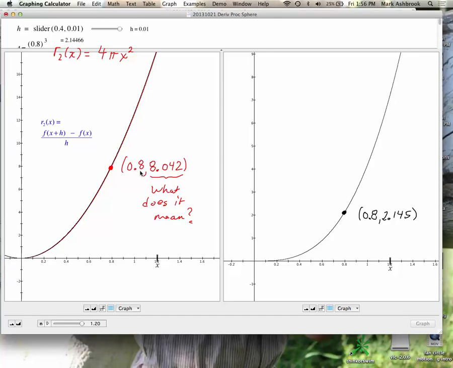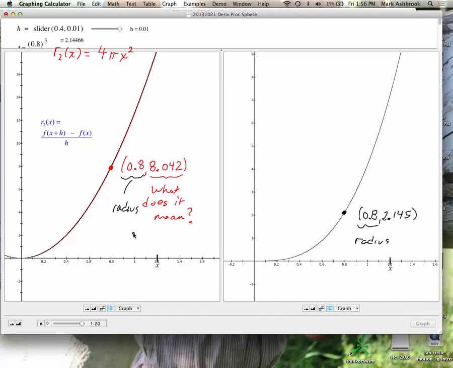Okay, and what quantity is the 0.8? You're on the right track. The input is what in this function? Radius. So maybe centimeters, who knows, we didn't specify a unit. It's the radius of the sphere.